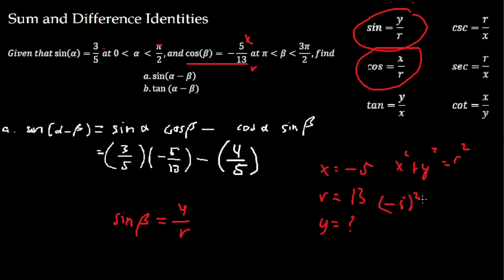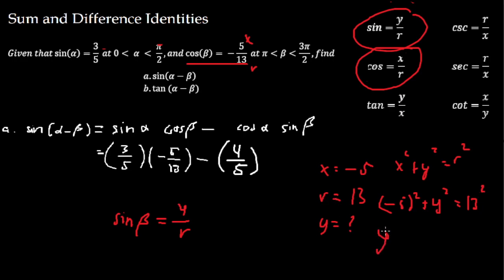Ito yung sinasabi ko kanina kung bakit hindi magmamatter yung negative sign. Kasi, if we square a negative number, it will just be positive. So, it won't really matter. Plus y squared is equal to r squared, which is 13 squared, kasi ang r natin 13.